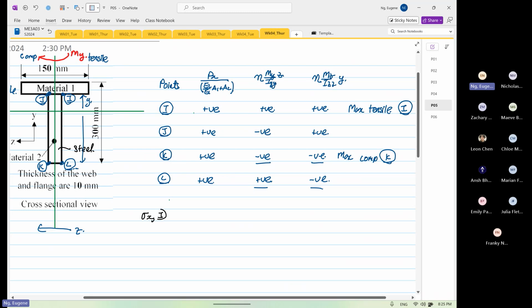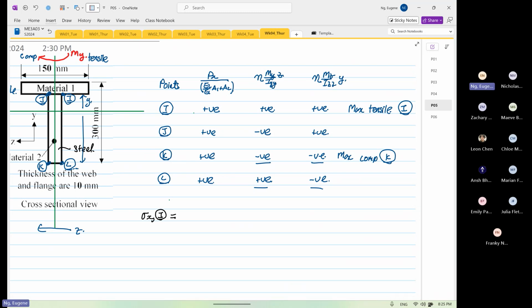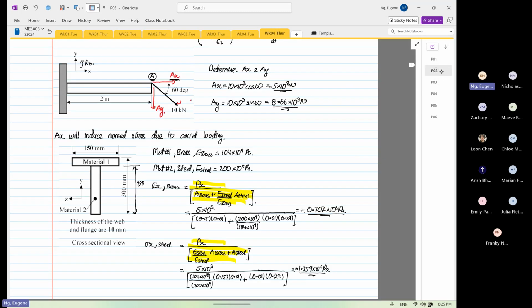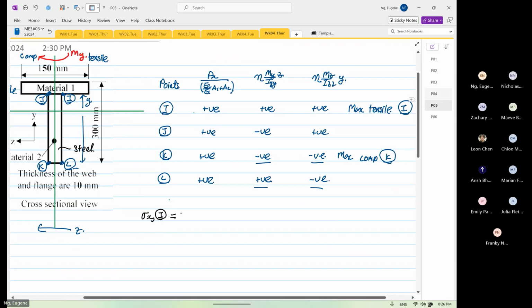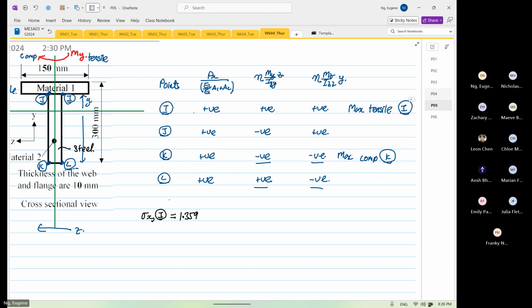at point I. So Px, we calculate the steel is 1.359 times 10 to the power 6. And then we have plus 200 divided by 104, and then we have to have our My.